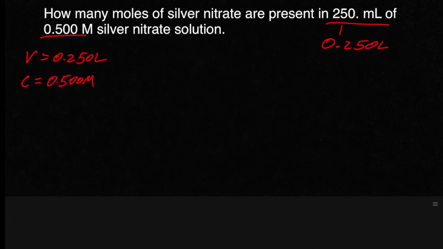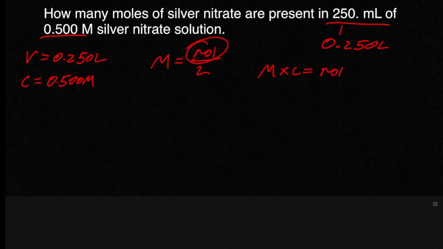Now, the equation, again, molarity is equal to moles per liter, but in this case, we are solving for moles. So I need to multiply each side by liters, and I get molarity times liters is equal to the moles of solute. So I can plug in my numbers here.